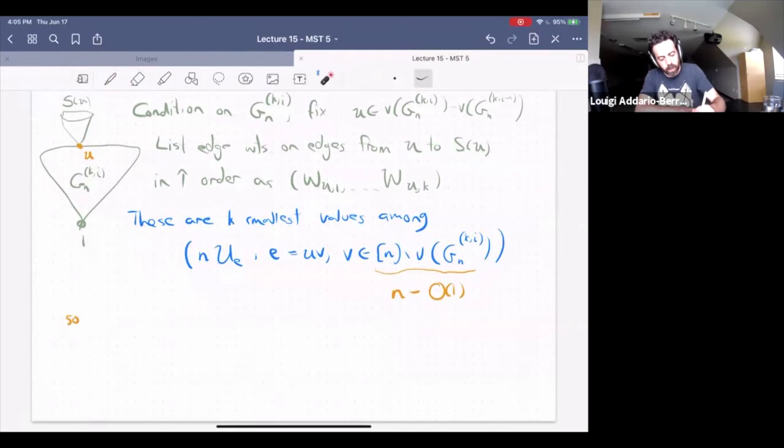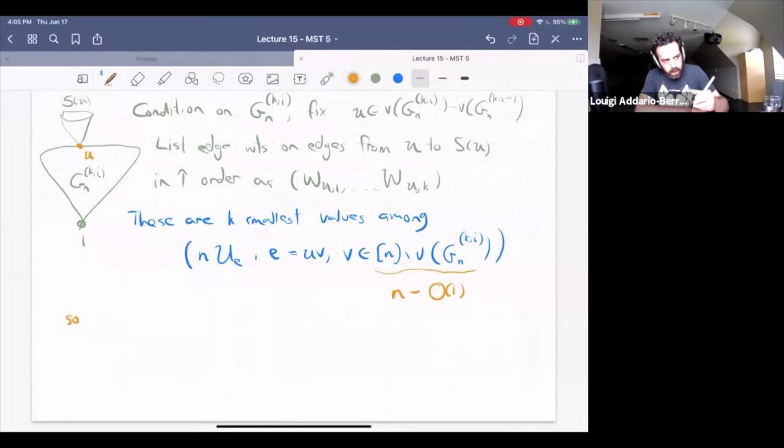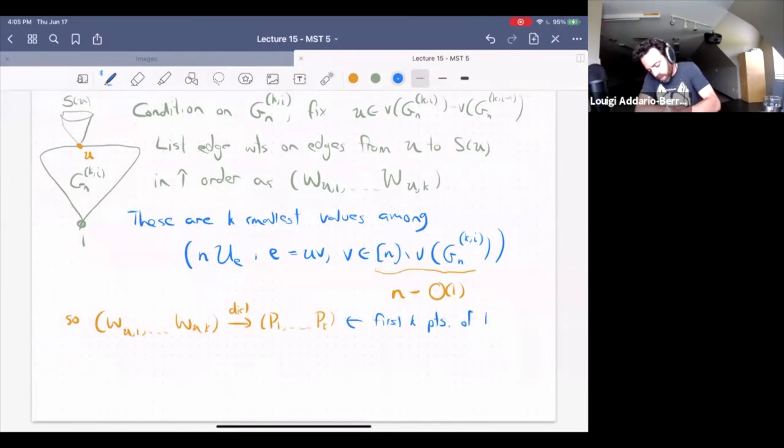We're in a slightly smaller graph, but the difference doesn't make much of a difference. So that means that this vector W_u1 up to W_uK will converge in distribution to the first k points of a Poisson process, just like it did in the first generation.